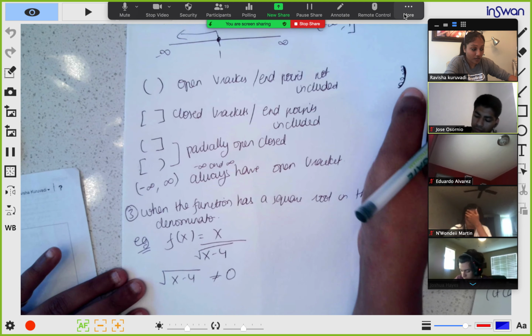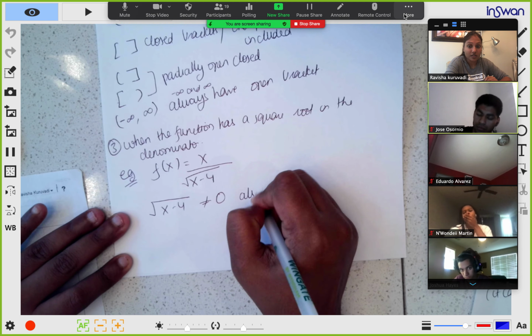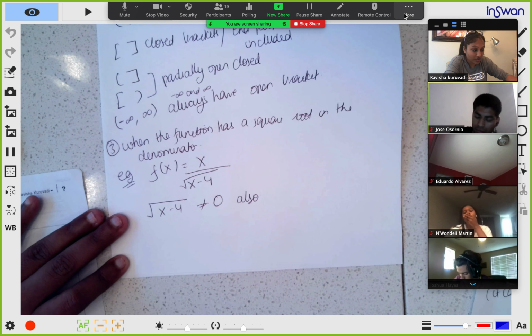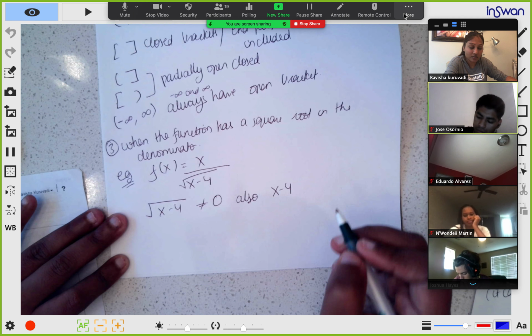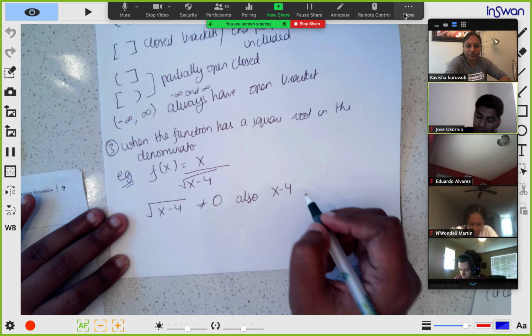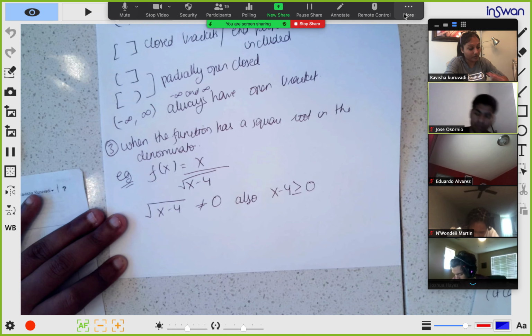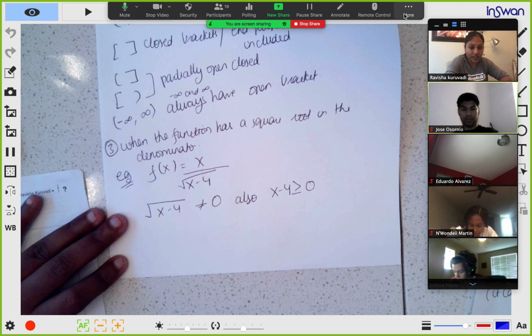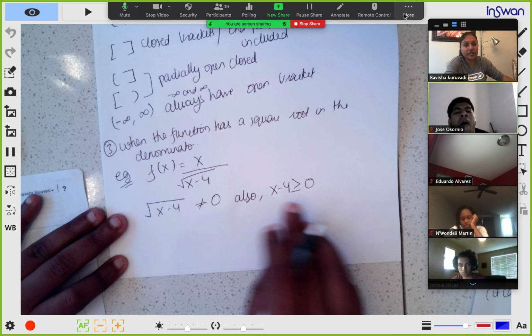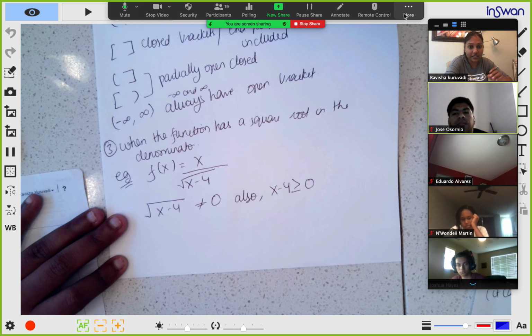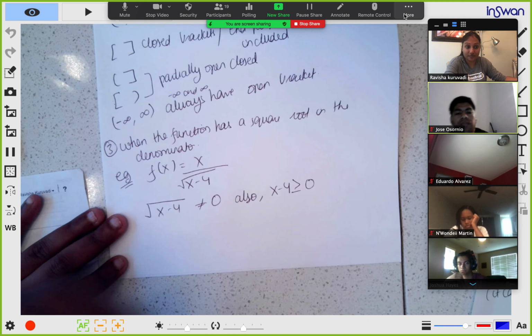Also, whatever is inside my square root should be greater than or equal to 0. First of all, they say this whole thing should not be equal to 0. And at the same time, whatever is inside should be greater than or equal to 0. If I combine these two, I basically get rid of this equal to sign.